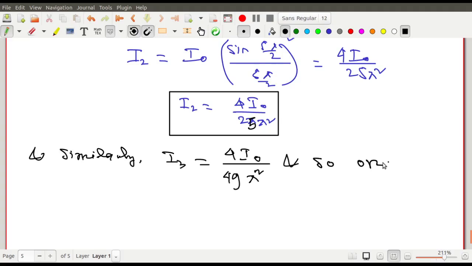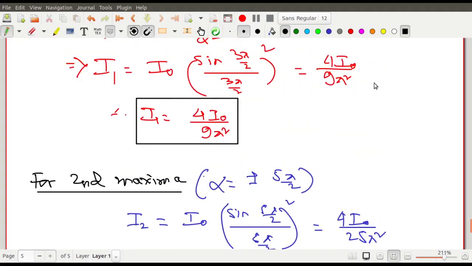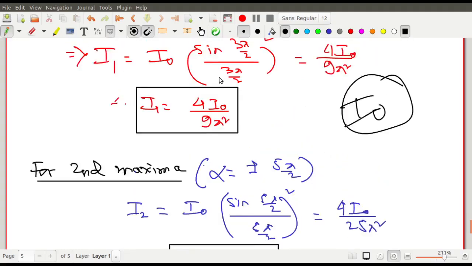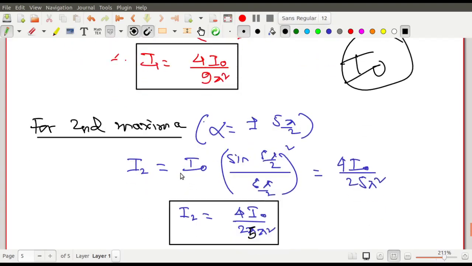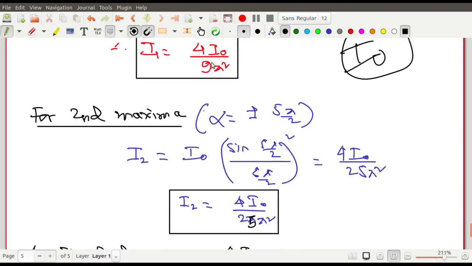So what is the idea over here? The idea is that the principal maxima is I0. What was the principal maxima intensity? That was I0. And then the first maxima, you see, is less than I0. And this second one is lesser than I1, because this is divided by 9 and this one is divided by 25.